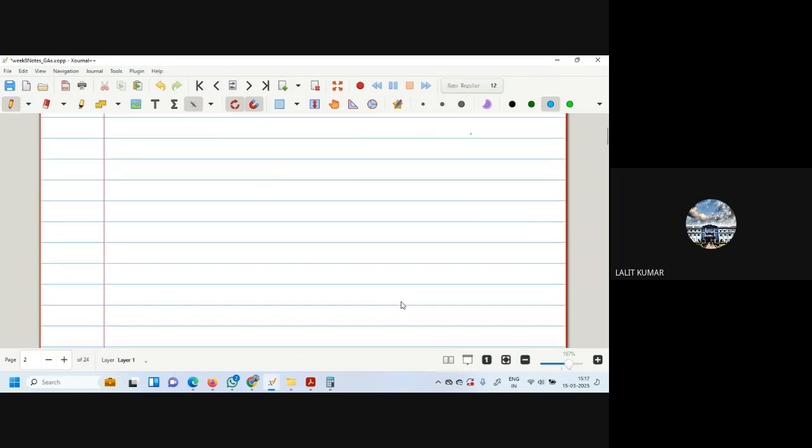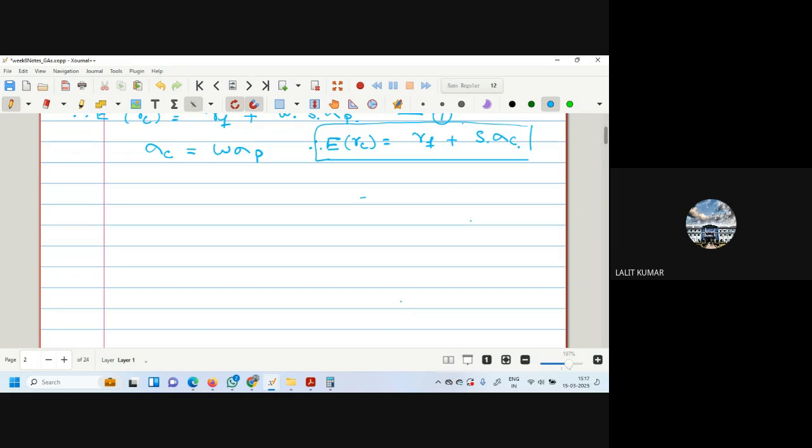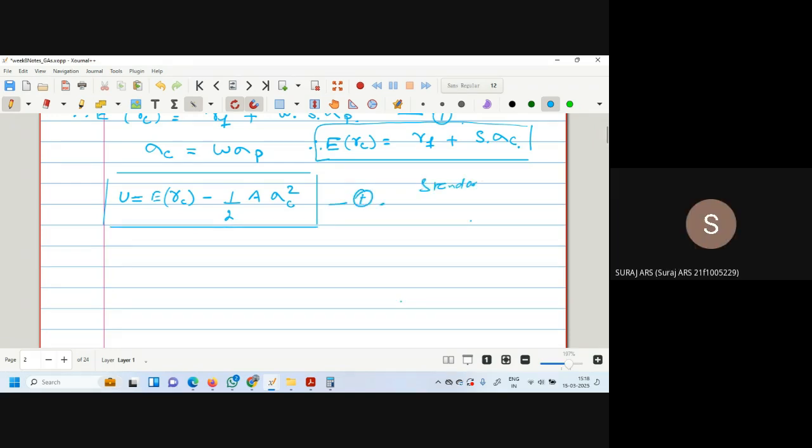But when you are given a utility function, it is generally given by something like your total expected RC minus half A into sigma C square. The utility function is in this format, the standard utility function.